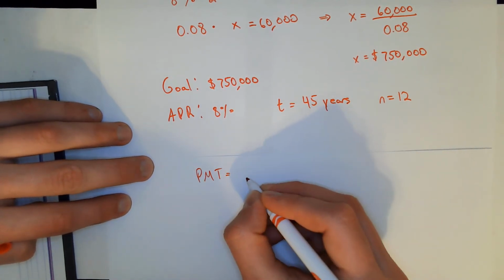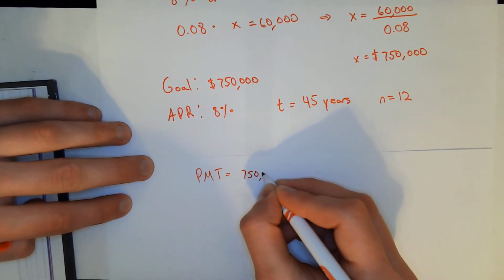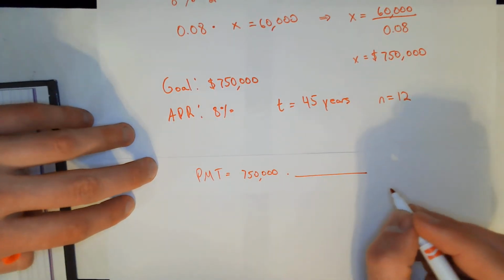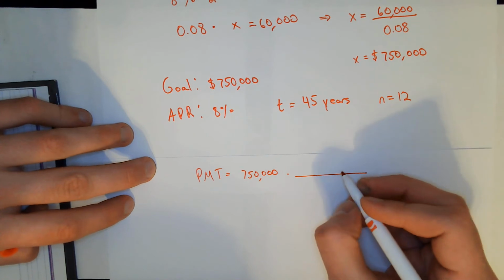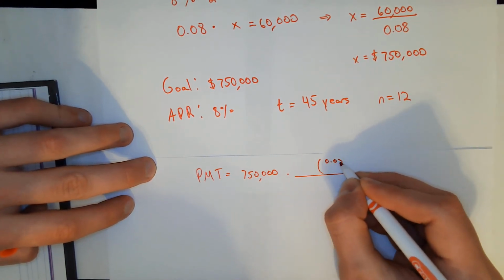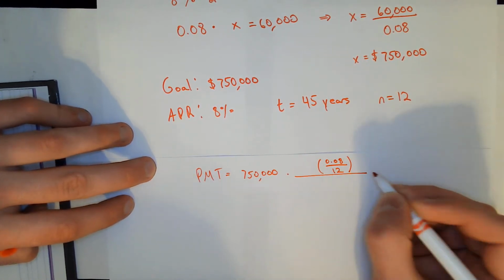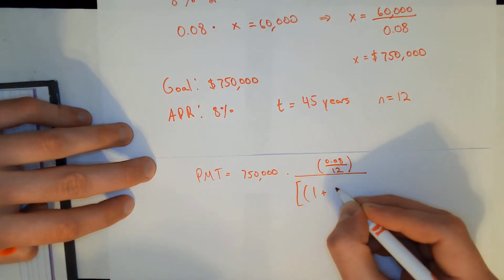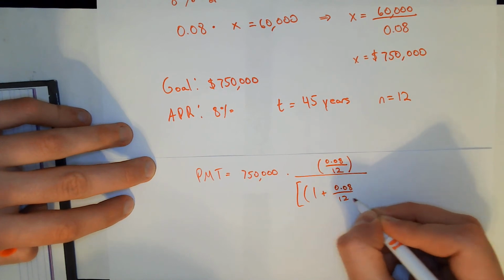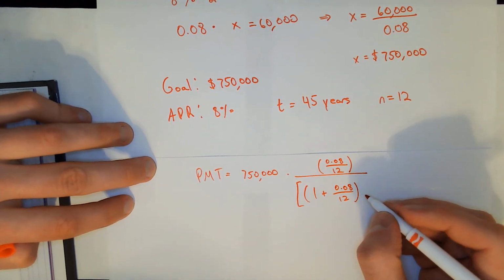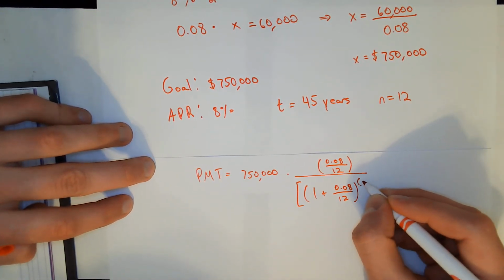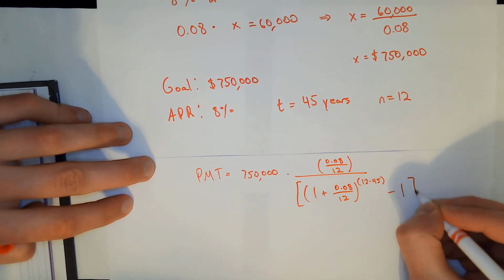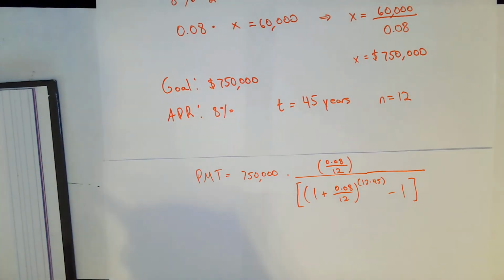PMT is equal to that goal, 750,000, that future value, times 0.08, that's R over 12, then 1 plus R over 12 raised to the NT, so 12 times 45, there's that time coming into play, then minus 1.